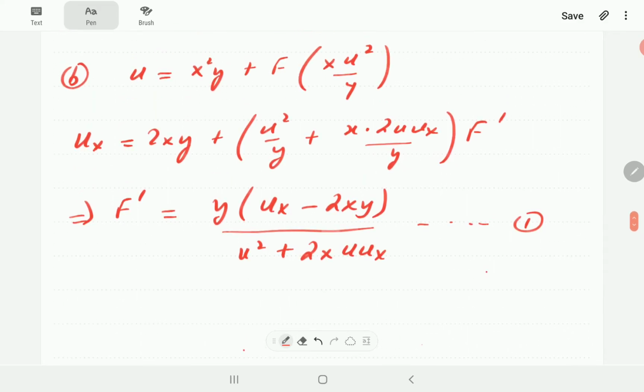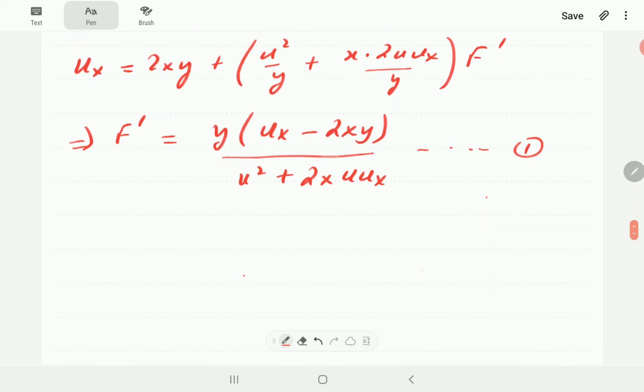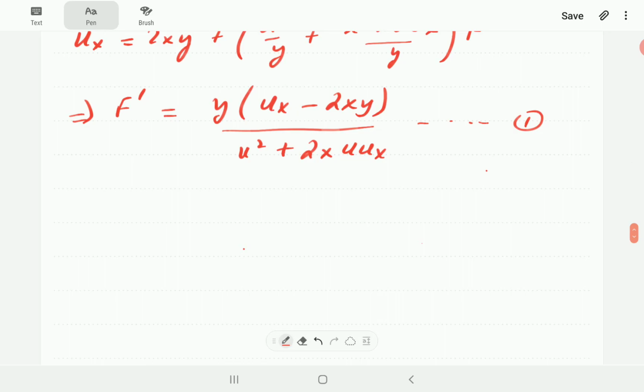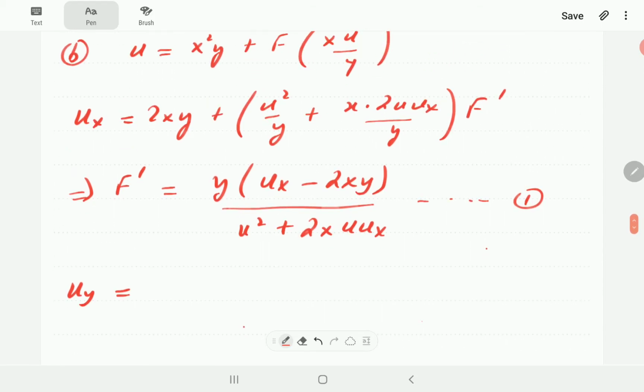And then we're now going to differentiate this thing with respect to y. So as a function of y there, there's y there and there's y there, so it means this time we're going to have to use the product rule or the quotient rule, whichever one we prefer. So on the left hand side, we're going to have uy. The first term here is just going to give us x squared.